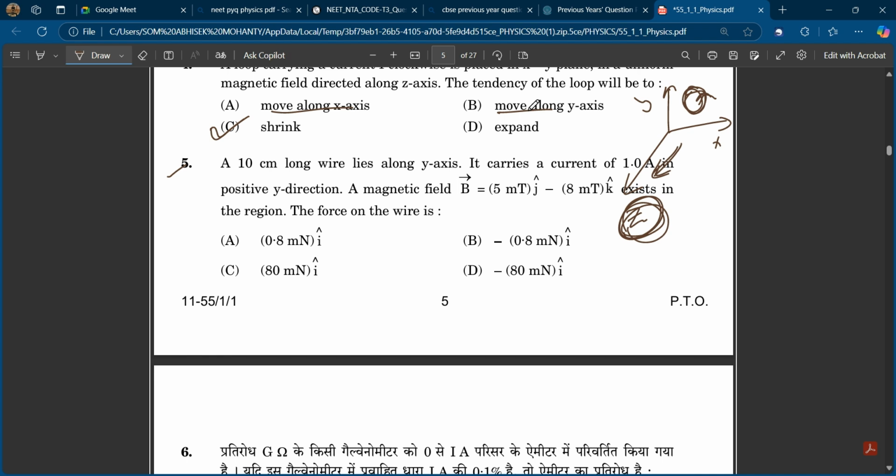Very easy question. Everything is given.